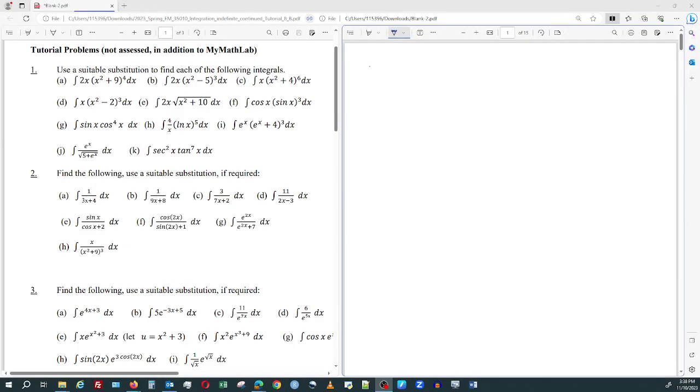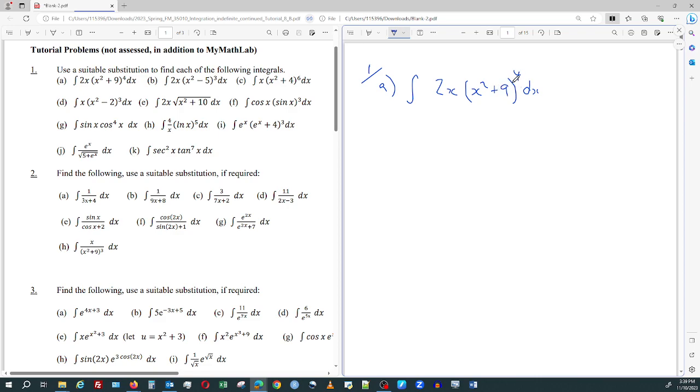Okay, welcome back. We're going to have a look at the U substitution versions and see if we can start to use those. Alright, so for question 1, we can see that x is getting squared plus 9, then it's getting raised to the power 4.